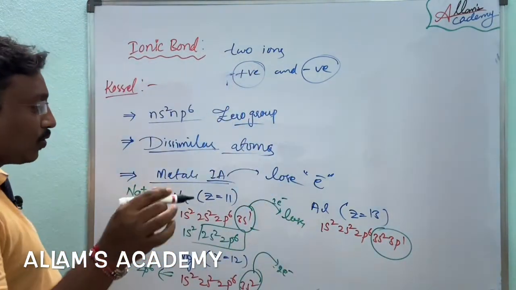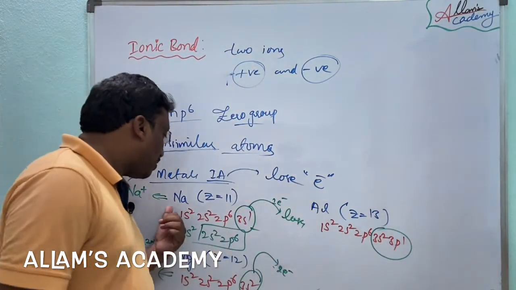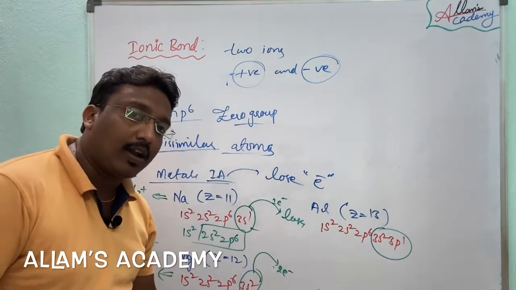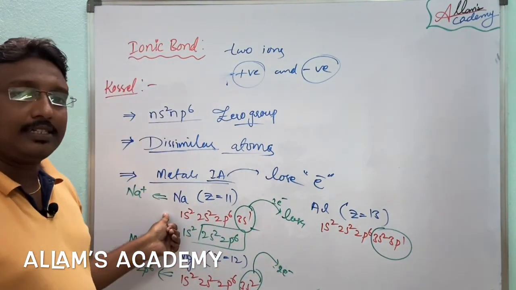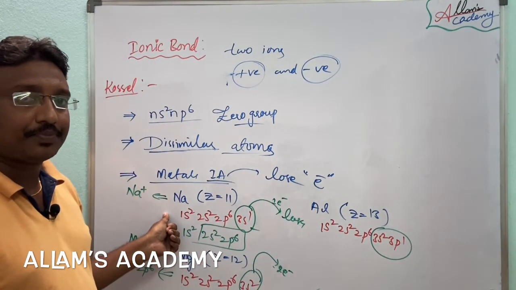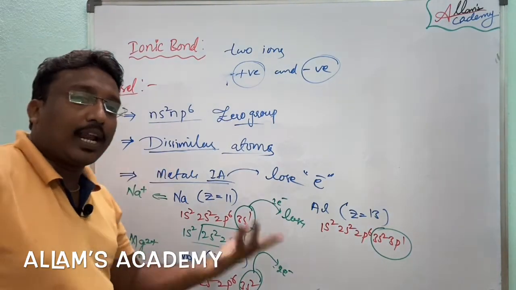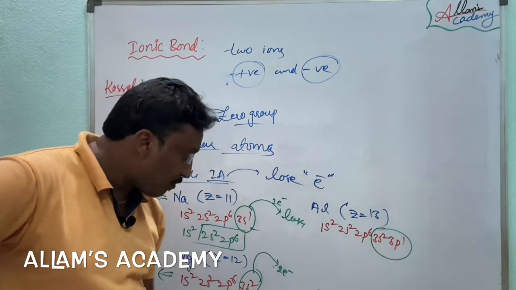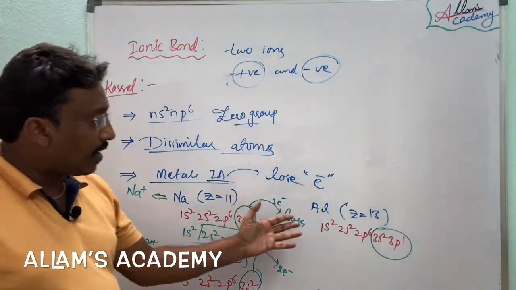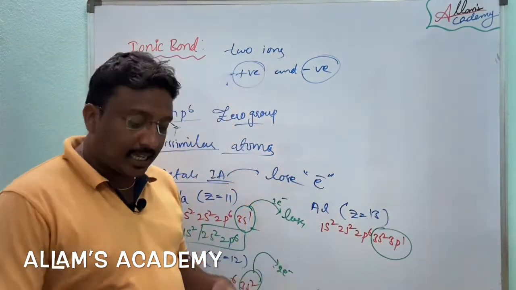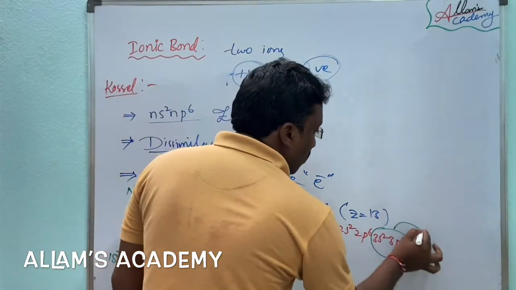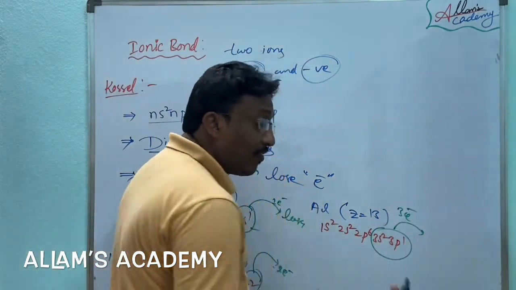Here you have to notice one thing. Sodium loses 1 electron from where? From the valence shell. Magnesium loses 2 electrons from where? From the valence shell. Aluminum loses 3 electrons from where?